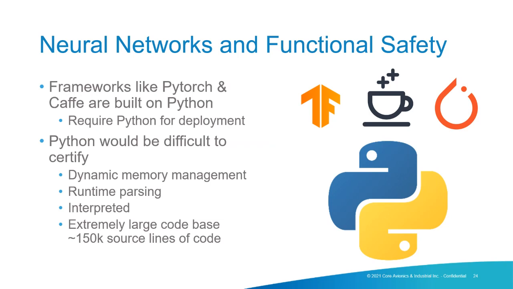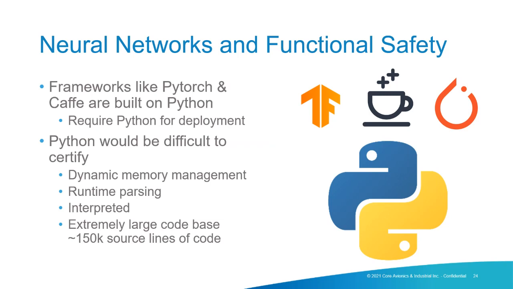If you're aware of things that don't commonly get put in certification software, Python checks a lot of those things. For example, it uses dynamic memory management, which is usually a no-go in safety critical systems. It's a runtime interpreted programming language, which is usually a no-go in safety critical systems.